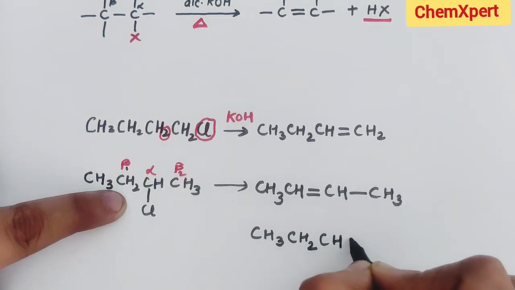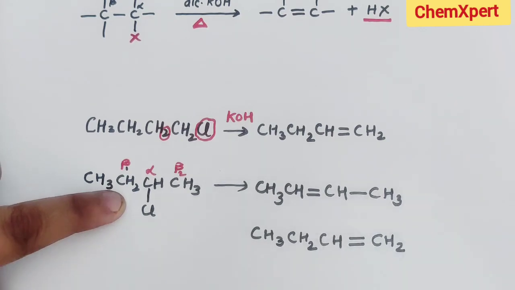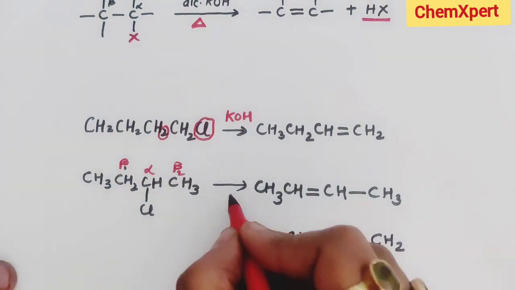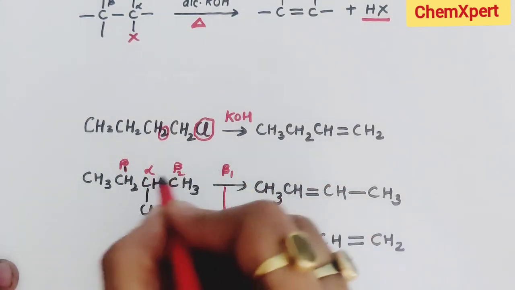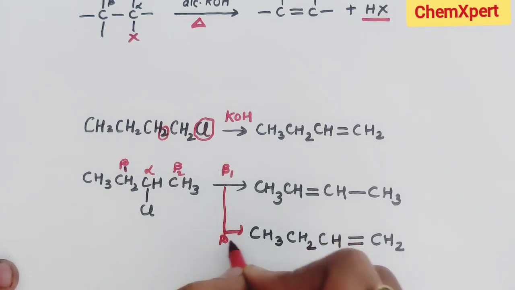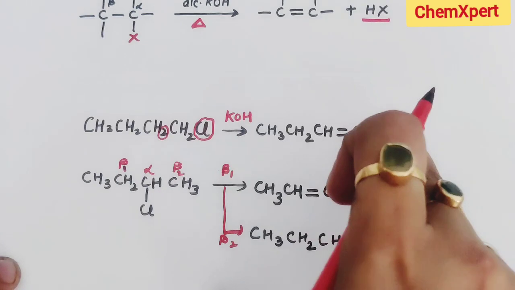Now this is CH here, with the double bond towards this side, and the product is this. Now when we perform this reaction, the first one takes place when beta 1 is removed, and these two beta are equivalent. Now the question arises: which one is formed in the major amount?